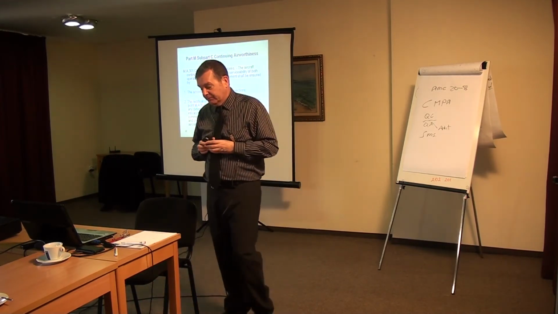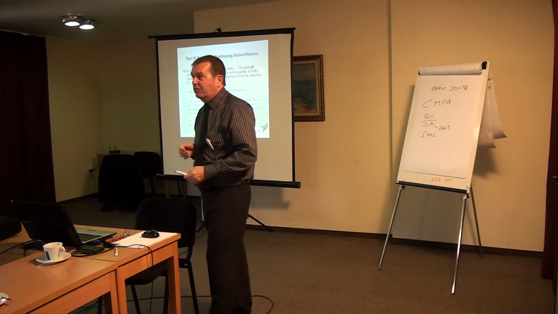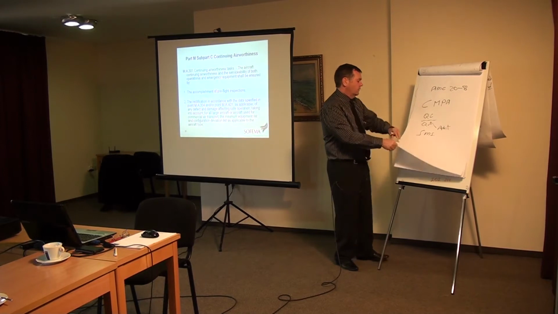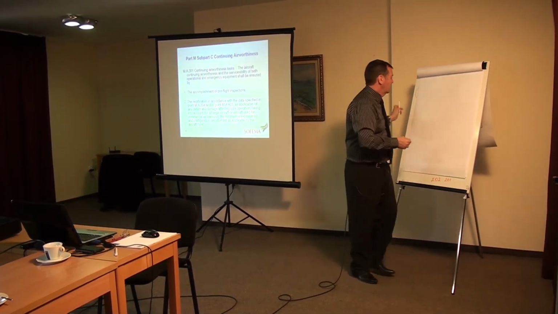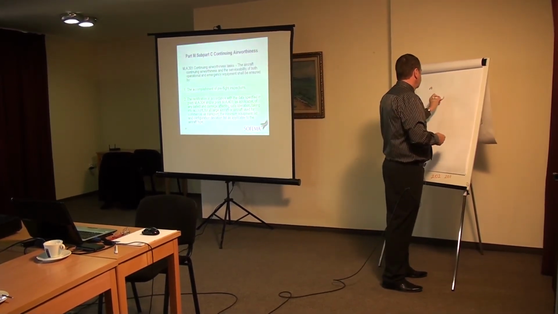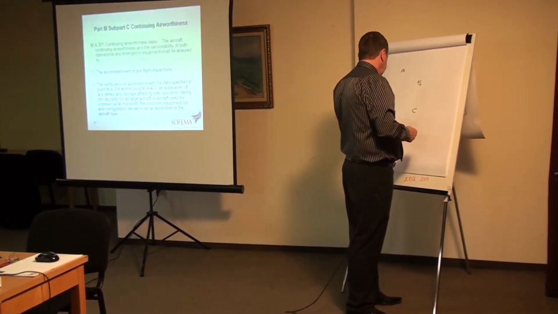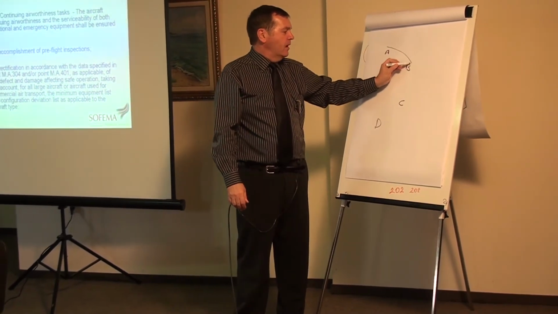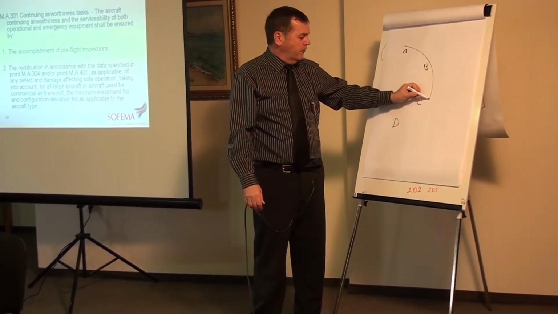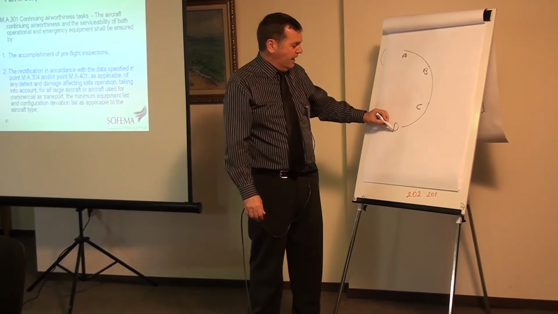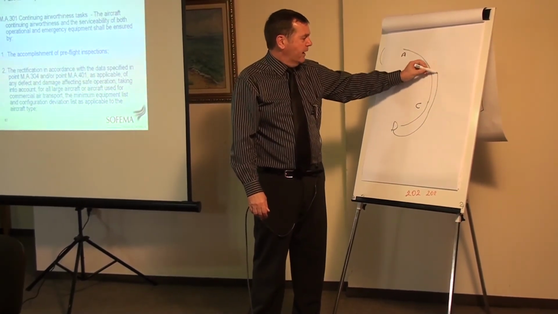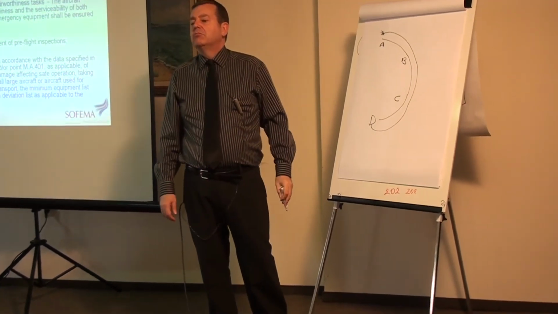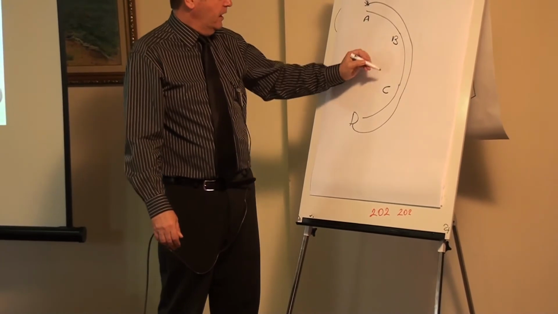And as an example, let me show you. An aircraft flies from A to B, it flies from B to C, and it flies from C to D. It then turns around and goes back to A. Each of these is a flight.